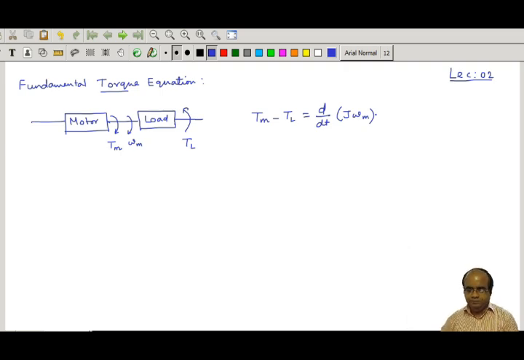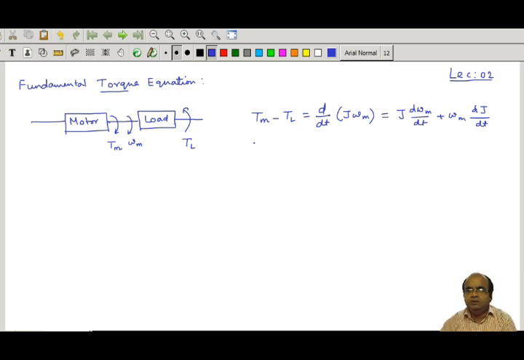Now, if I take the derivative, this becomes J d omega m/dt plus omega m dJ/dt.